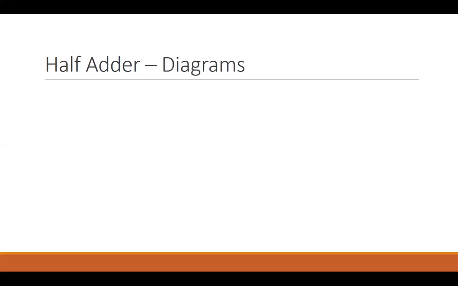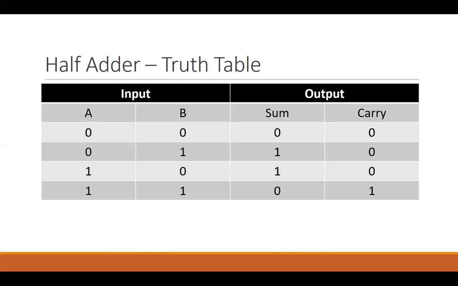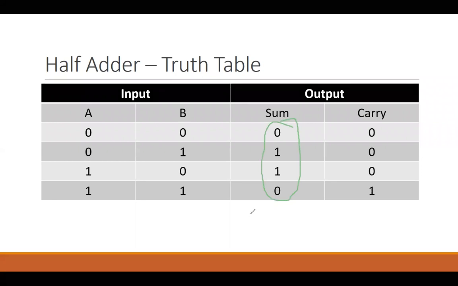Moving along, if we explore that in the form of a diagram, in the previous diagram, let me show that again. We can easily see that this column is actually representing A XOR B, because when we have the same inputs, we have 0, and we only have 1 when we have different inputs, when we have alternating inputs.